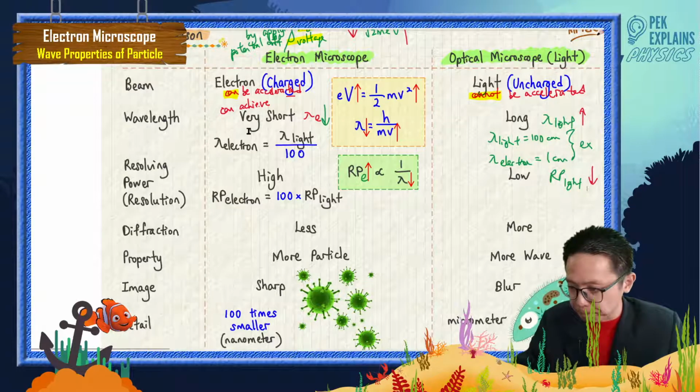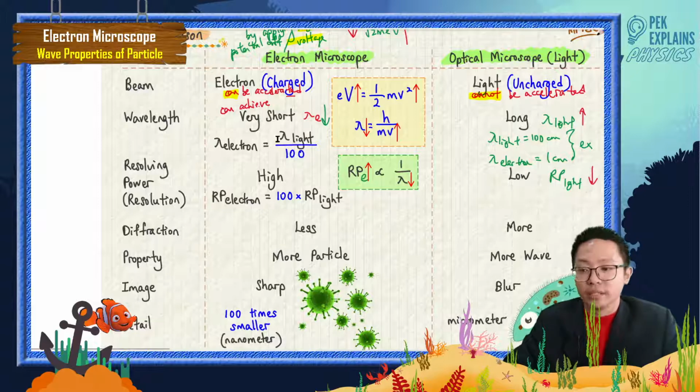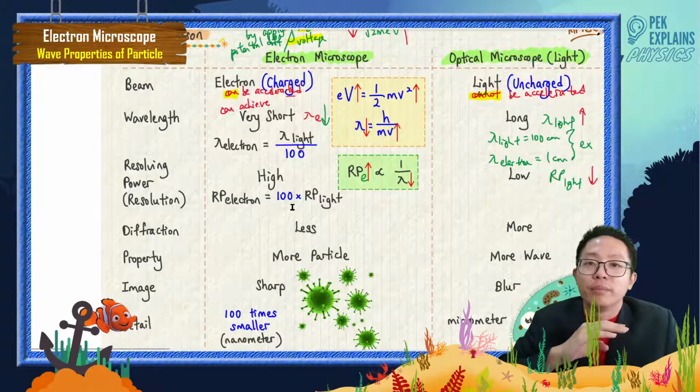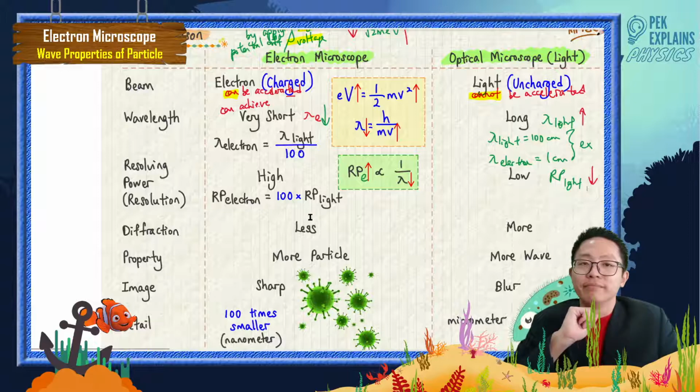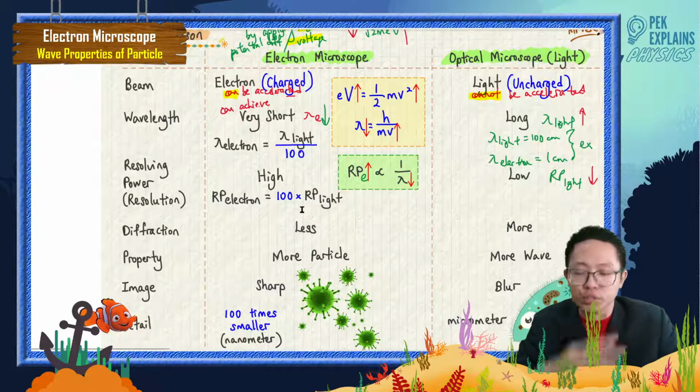The wavelength of the electron is 100 times shorter than the wavelength of light, so the resolving power of the electron microscope is 100 times stronger than that of the light microscope.